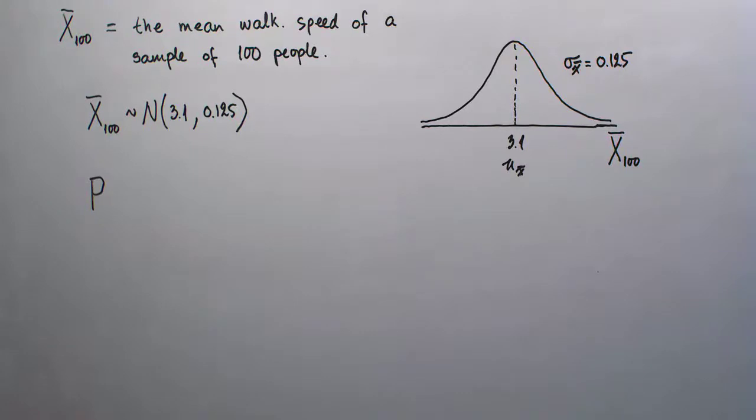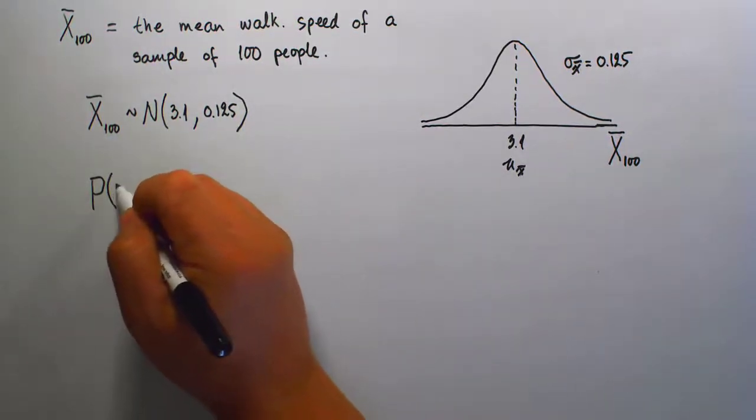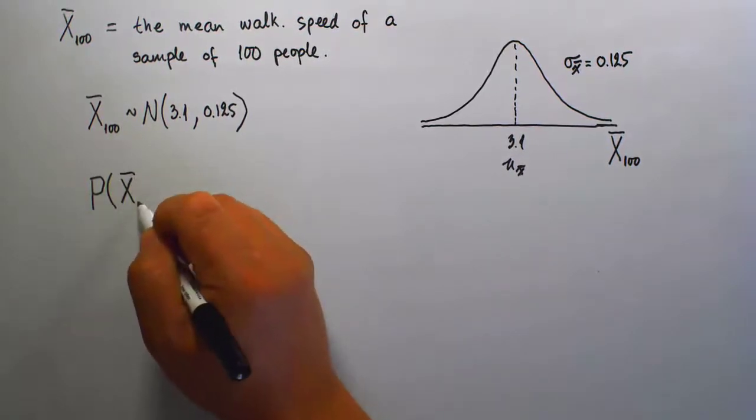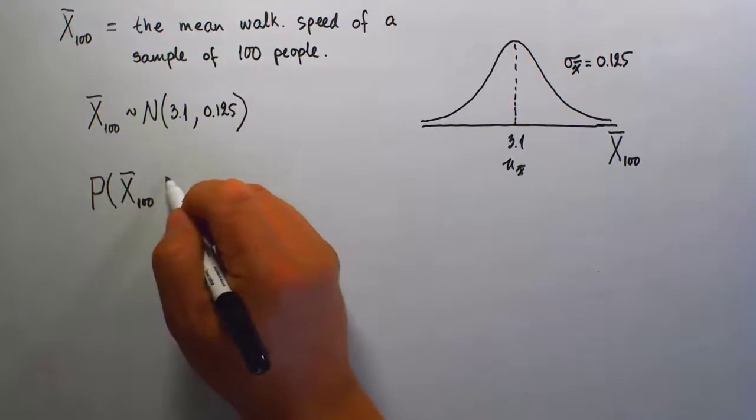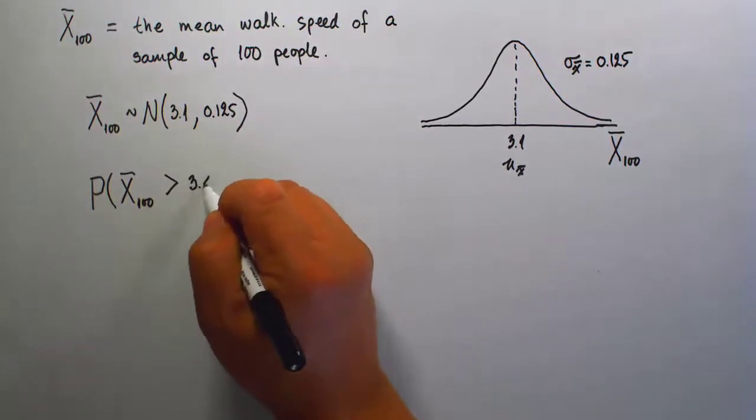So symbolically, this is P in parentheses, capital X bar 100, and we're looking for it to be above 3.47.